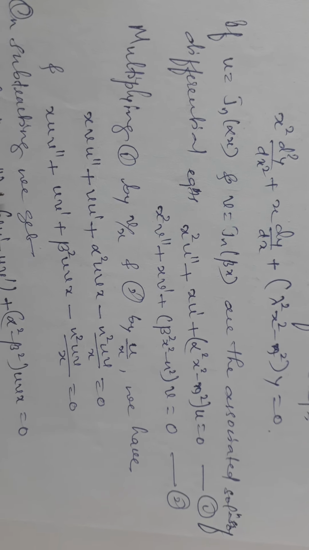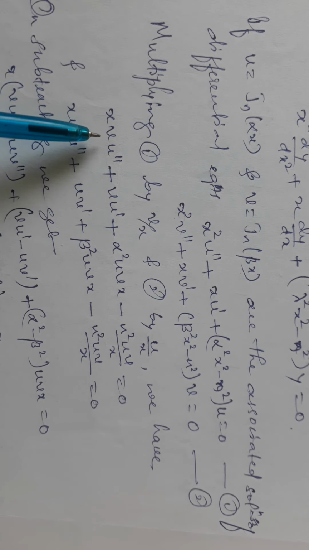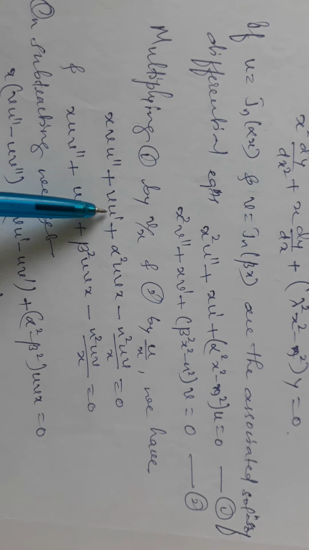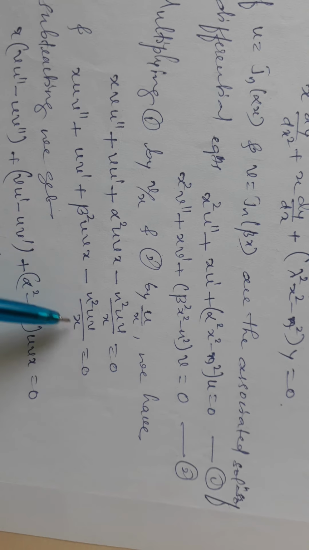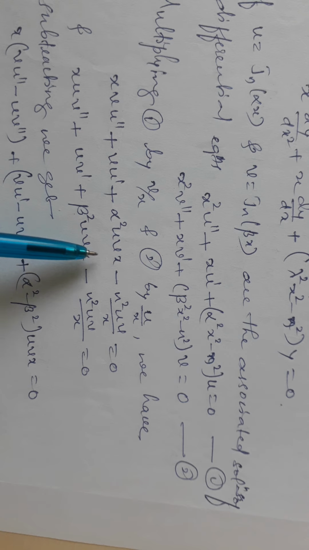On subtracting, in the first term x is common, therefore we get v u'' − u v'' and v u' − u v', and the last term gets cancelled, and the third term has the common factor uv x, giving (alpha² − beta²).